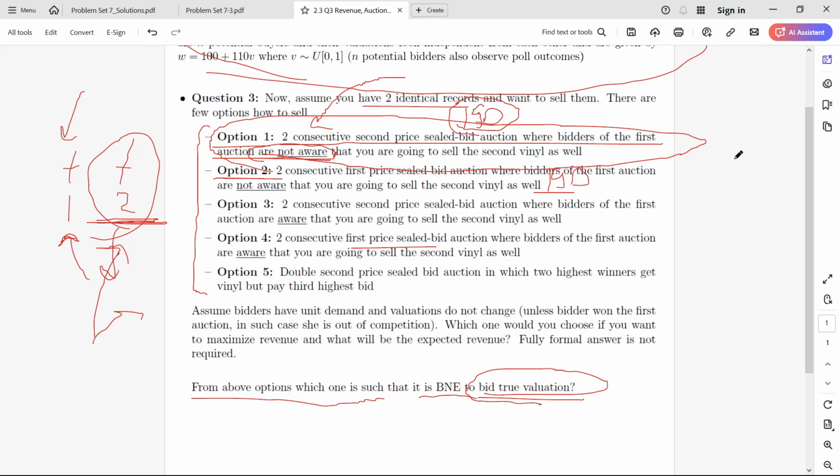And in T equals 2, for options 1, 2, 3, and 4, the revenue is the same, but for options 1 and 2, the T1 period revenue is the highest, while for options 3 and 4, the T1 revenue is lower. So options 1 and 2 are better than options 3 and 4. You don't want them to know about the auction in the next period.